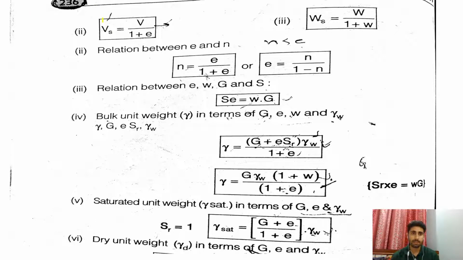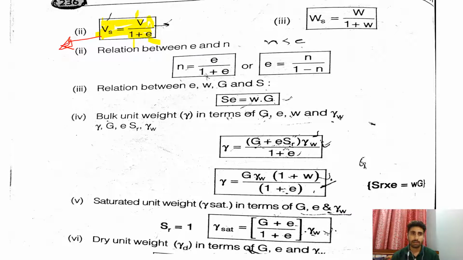Another relation is between the volume of soil solid, total volume, and e, the void ratio. The volume of soil solid is equal to total volume upon 1 plus e. Where can you use this formula?